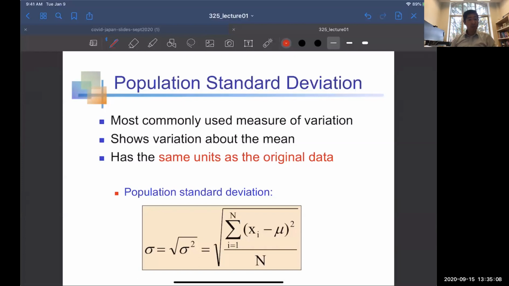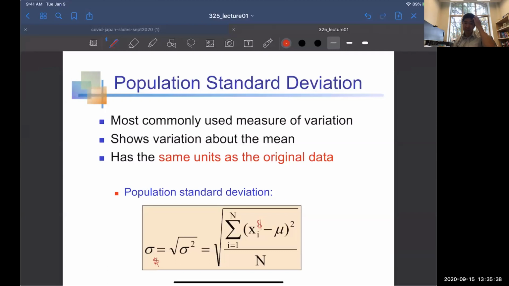So this standard deviation makes sense in terms of having the same unit. And it turns out, getting back to normality, or the normal distribution, this standard deviation is a very nice concept to use. Once you get this value, you get a good idea about where the mass of the observations lie.